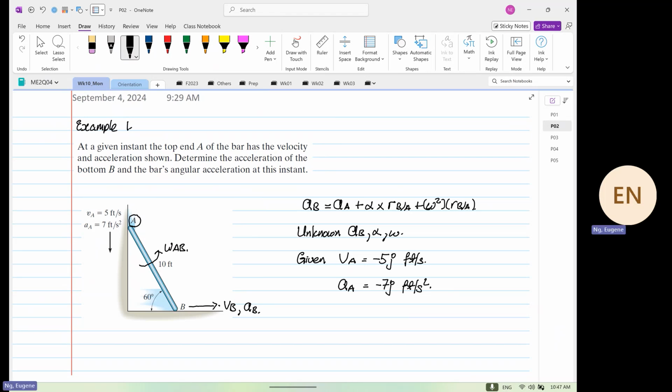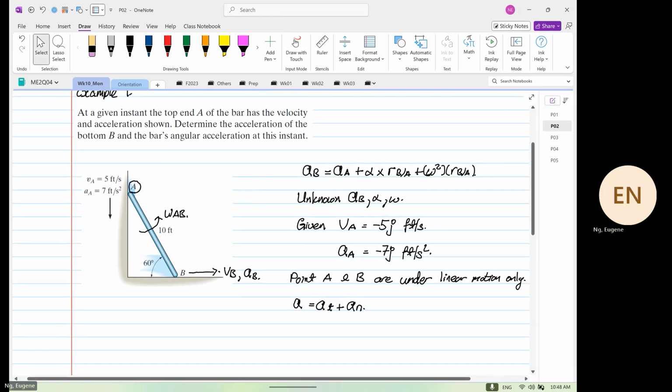Now, we are also aware that points A and B are under linear motion only. Okay. They are only under linear motion. So remember, we wrote that acceleration is equal to A tangential plus A normal.